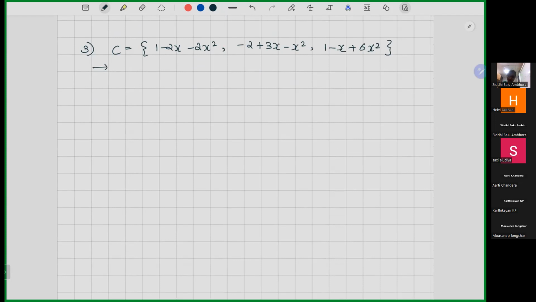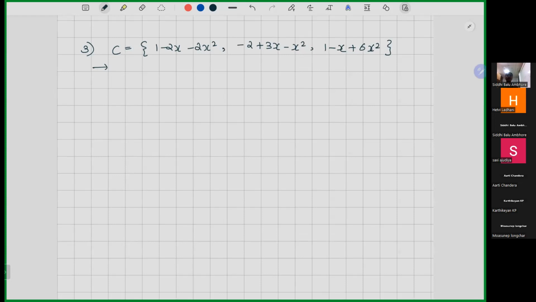Whether this is a basis or not, how can we check? Can we directly say whether this is a basis or not just by looking at the cardinality?